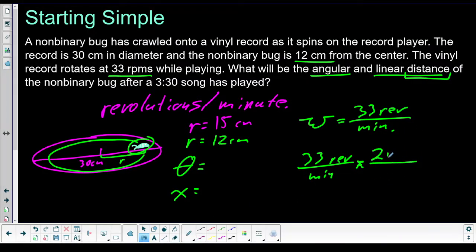There are 2 pi radians per 1 revolution. So going around 1 time is 2 pi in radians. Okay. For our minutes, in 1 minute, there's 60 seconds. So what we're going to do is just multiply across.